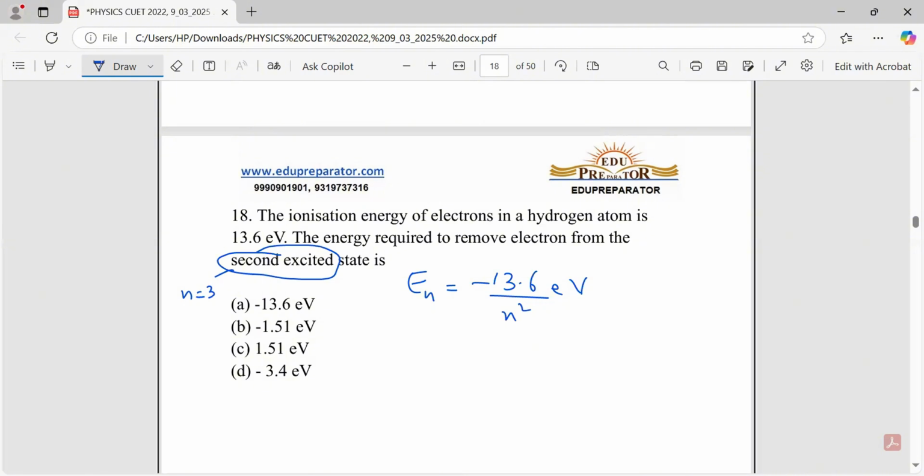Ground state is first, the first excited is 2, second excited is 3. Now simplify this. So E3 will be equal to minus 1.51 electron volt. So what is the energy required? That will be equal to minus of energy in third orbit. The answer comes to be this one. Please don't put B as answer, because we know that B is not the answer. B is the energy possessed, and an equal amount when provided, the electron will lose.